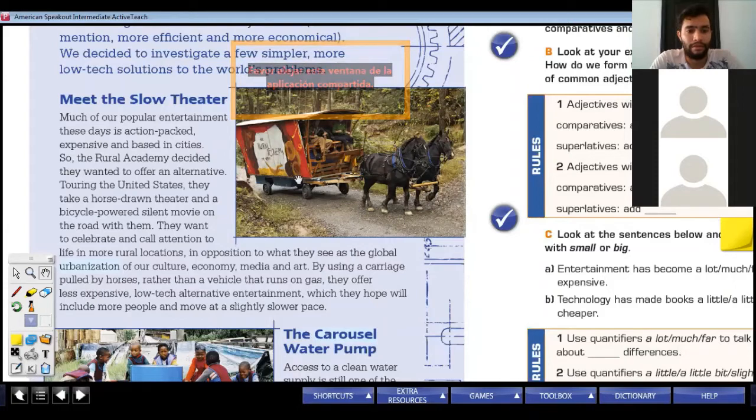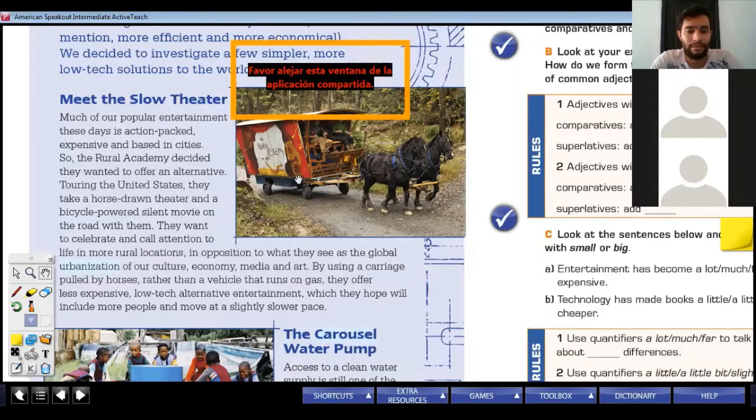They want to celebrate and call attention to life in more rural locations, in opposition to what they see as the global urbanization of our culture, economy, media, and art.